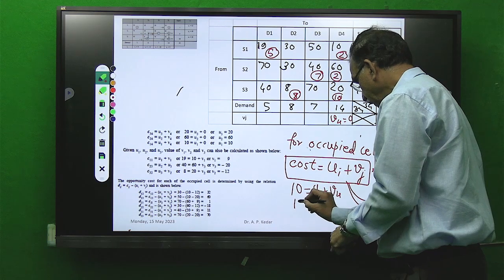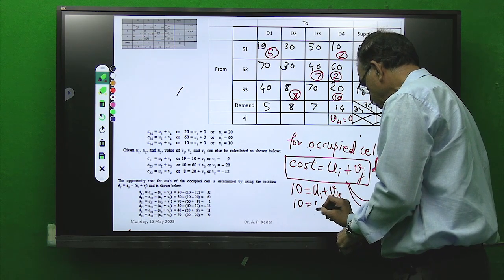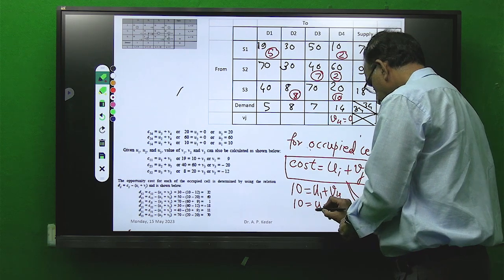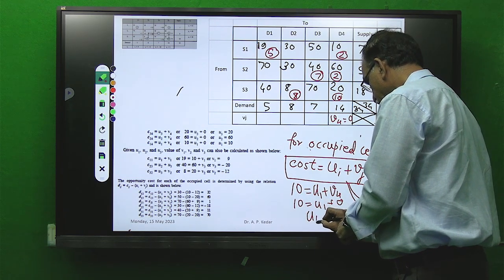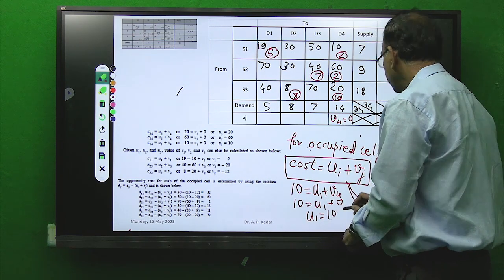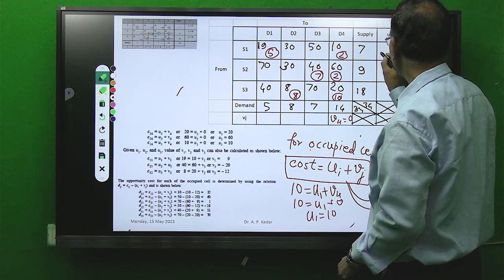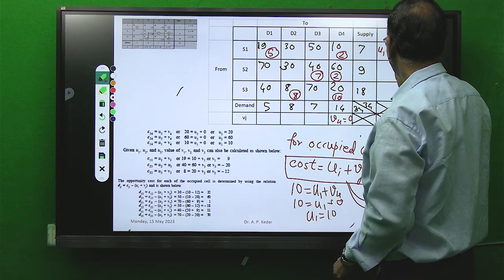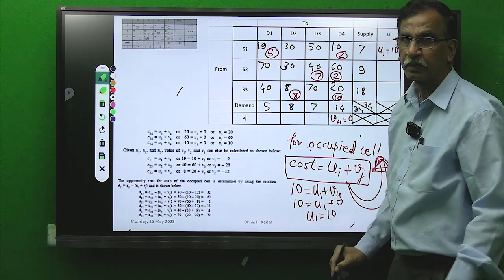So 10 is equal to u1 plus v4 is 0, means u1 equal to 10. So students, here I will write u1 equal to 10. Got it?